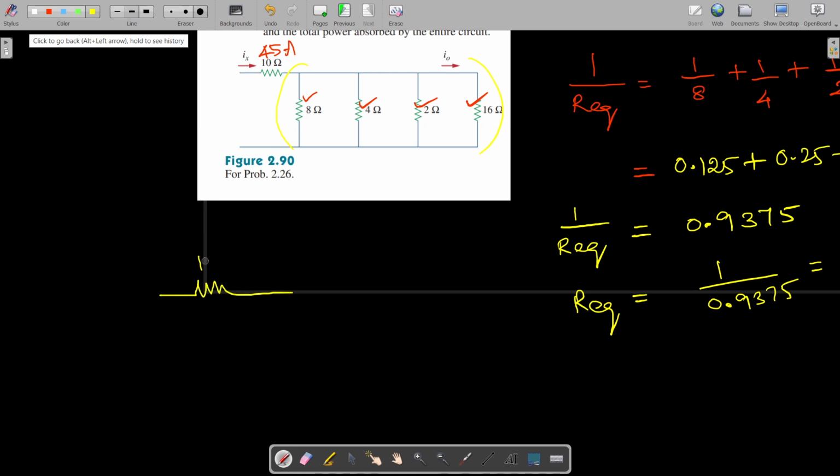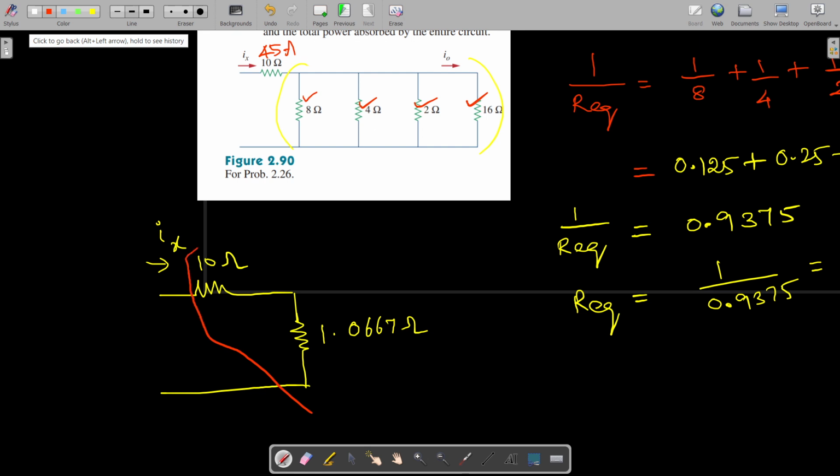So this circuit can be replaced by this 10 ohms and here we got the R equivalent, that is 1.0667 ohms, like that it is given. Here we have this Ix. So these two resistances are in series now, isn't it?